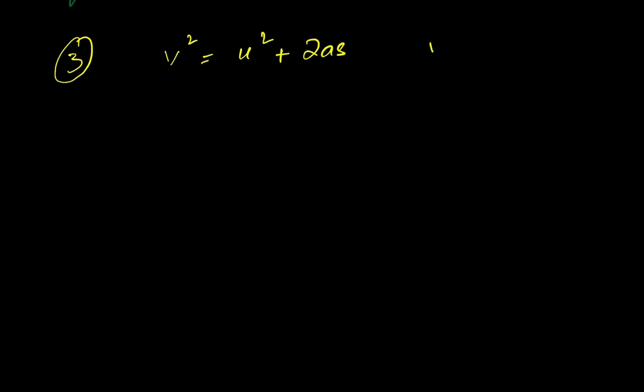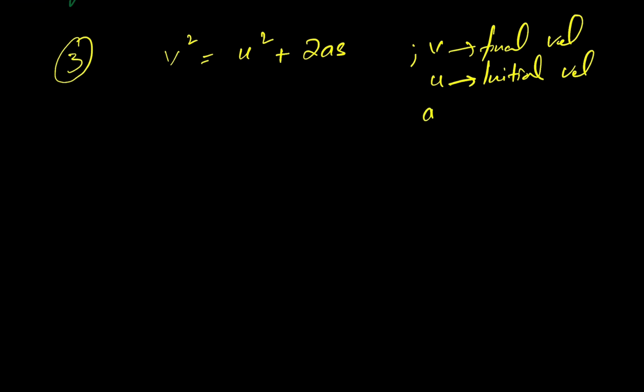Okay, let's discuss another example. The equation is v square is equals to u square plus 2as. V is final velocity, u is initial velocity, a is acceleration, s is displacement.